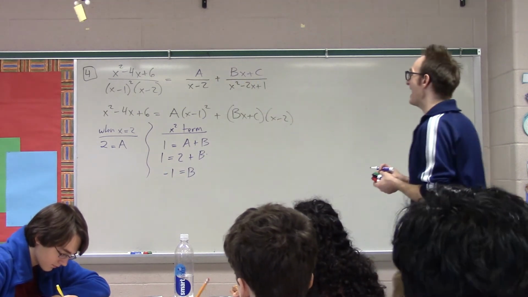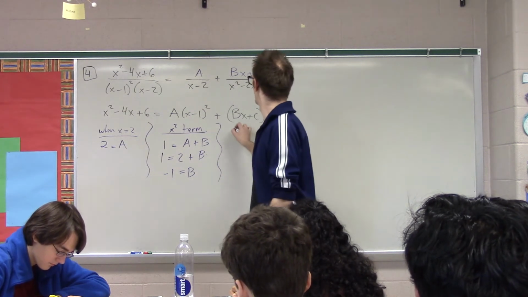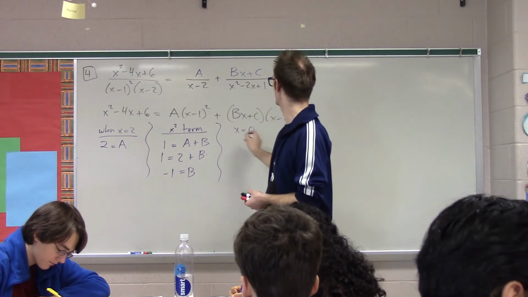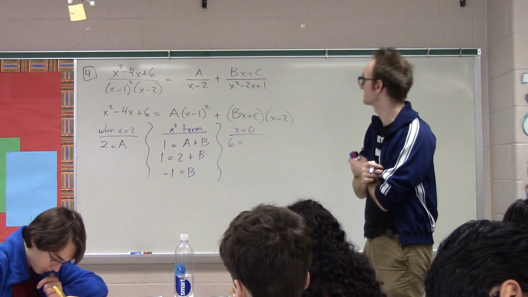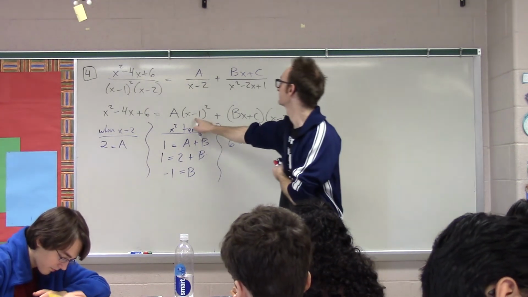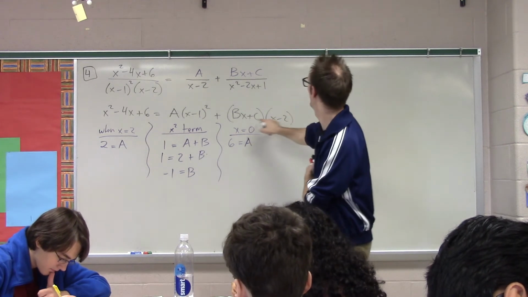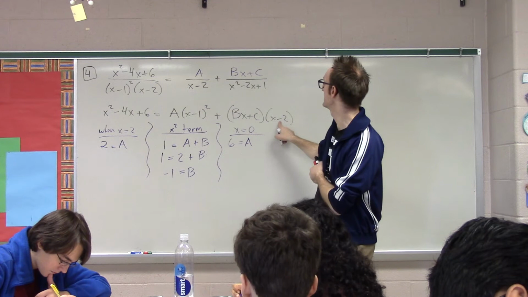Okay. And now maybe I'm just going to plug in 0. Maybe that's even easier than plugging in 1. If I plug in 0, I get 6 on the left, and on the right I get A, and I get negative 2C.